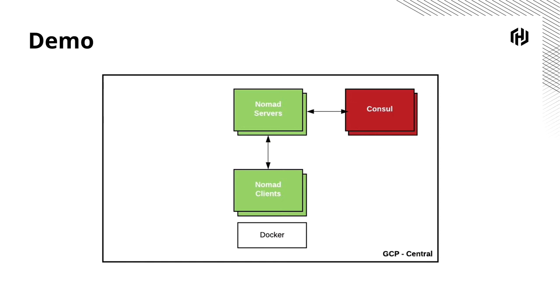What you see here on the right side is Consul, and Consul serves a couple of functions for Nomad. In this particular demo, we are using Consul as a means of service discovery for the infrastructure, which covers what Nomad servers are available and how we can federate that into other clusters.